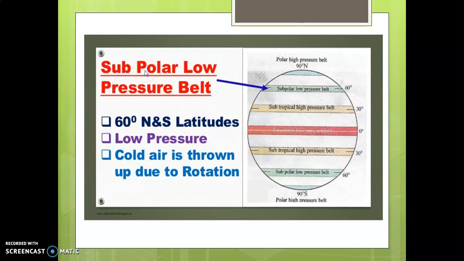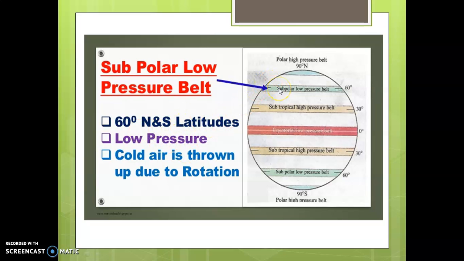Next is the subpolar low pressure belt. The subpolar low pressure belt extends around 60° north and south, and we can say this belt lies between 55° and 65° north and south.